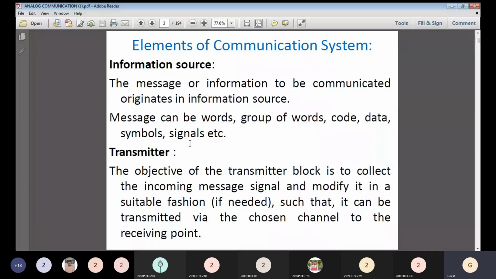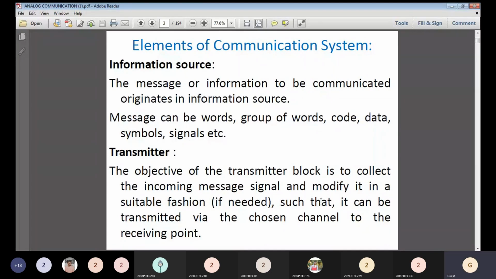So the information is transmitted in electrical form. Up to a certain range it is transmitted through electrical cable, then through another channel, then from the receiving point to the local system, it is again through cables.